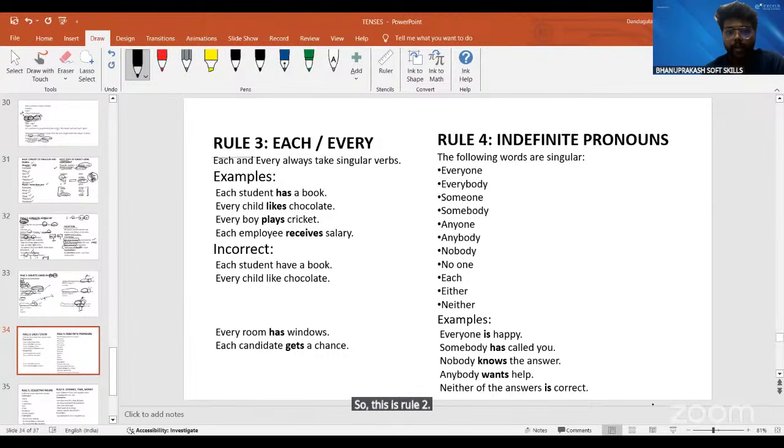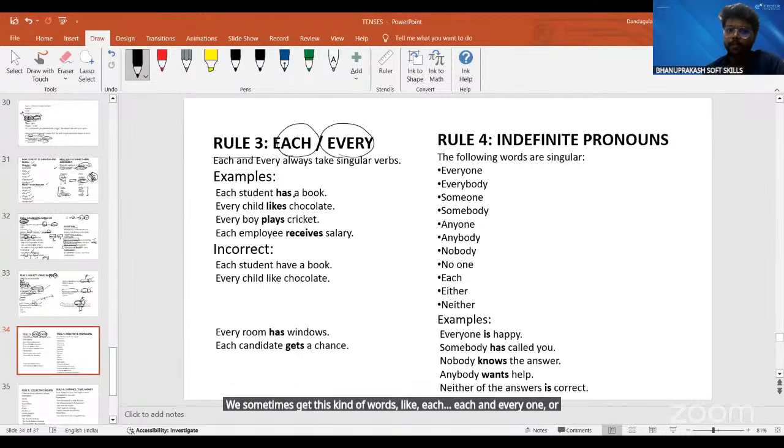Next, now rule 3. We sometimes get these kinds of words like each and everyone, or everybody, and every boy, or each student. So in such cases, each and every always take singular verbs.